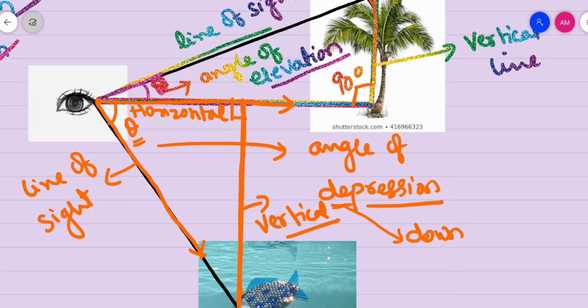This is also 90 degree and this one is also equal to 90 degree. So this is how you have to form a right angle triangle, and you have to identify angle of elevation and angle of depression, and then you should note down the values given, whether height is given or horizontal line is given or your hypotenuse is given, whatever is given, that you should jot down so that you can solve the question and get the answer.